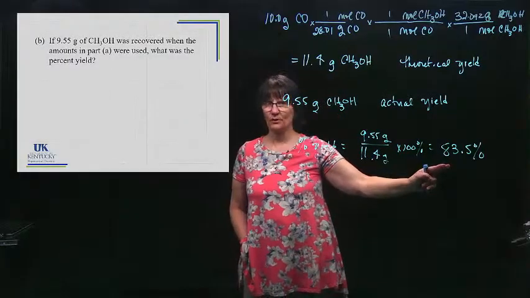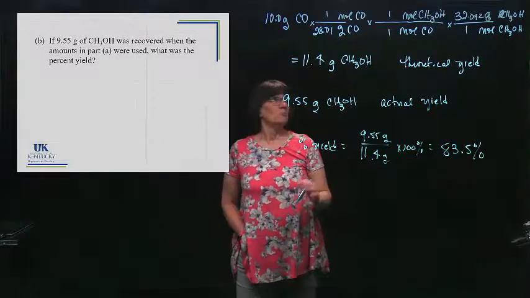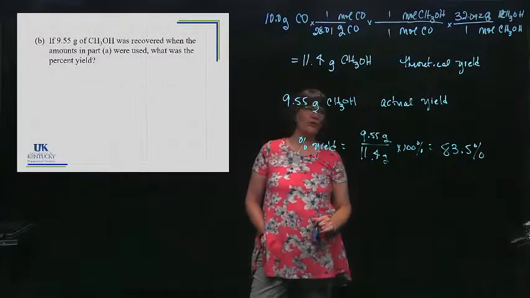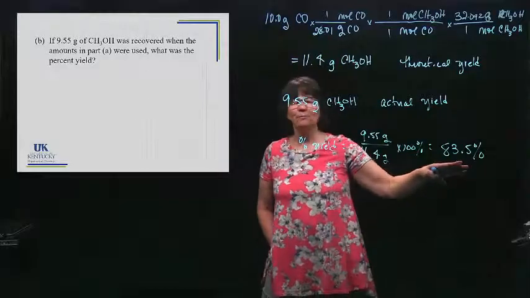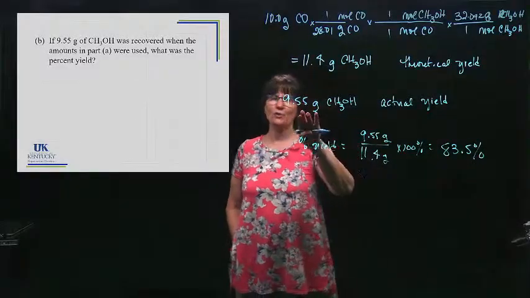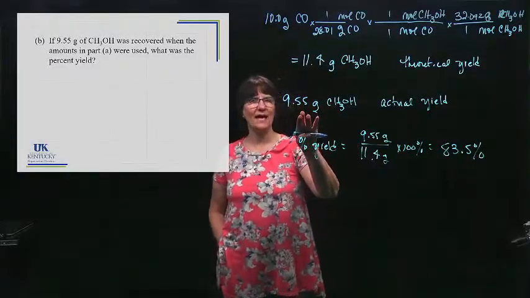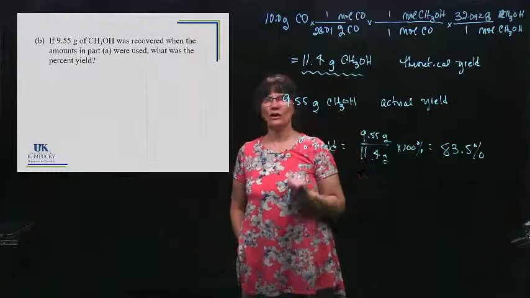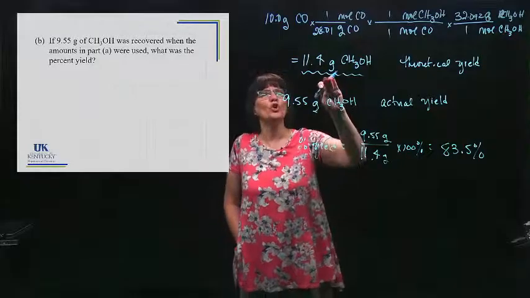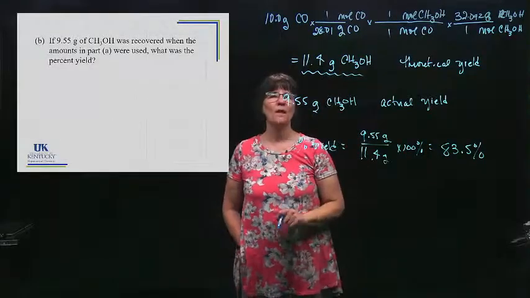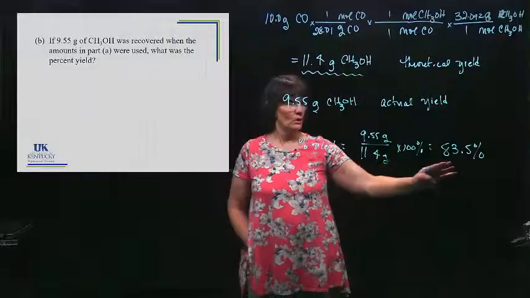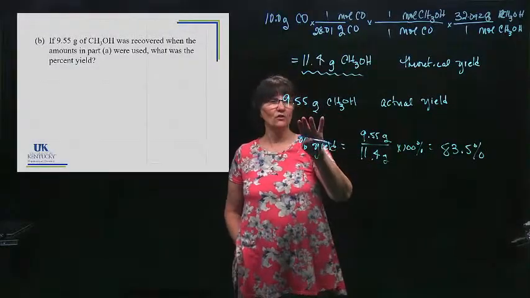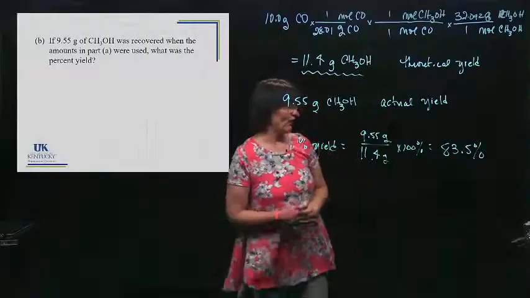That's the percent yield. Variations on this theme, they might say, well, when you do the experiment, they give you this and say, then what's the actual yield? Okay, how much would you actually obtain if you knew the theoretical? So we rarely give you the theoretical unless we're just trying to speed things up, because you can calculate the theoretical. But we might give you the actual and ask you to get the percent. We might give you the percent and ask you to figure out what the actual value is.